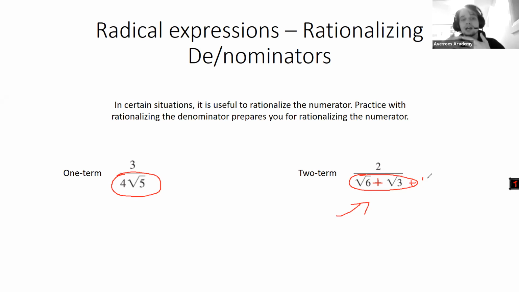The reason why we would like to learn how to rationalize the denominator is because it's always better to divide by an integer rather than a radical. And it's pretty intuitively understandable, right? Because it's always better to split up into even parts, even portions.